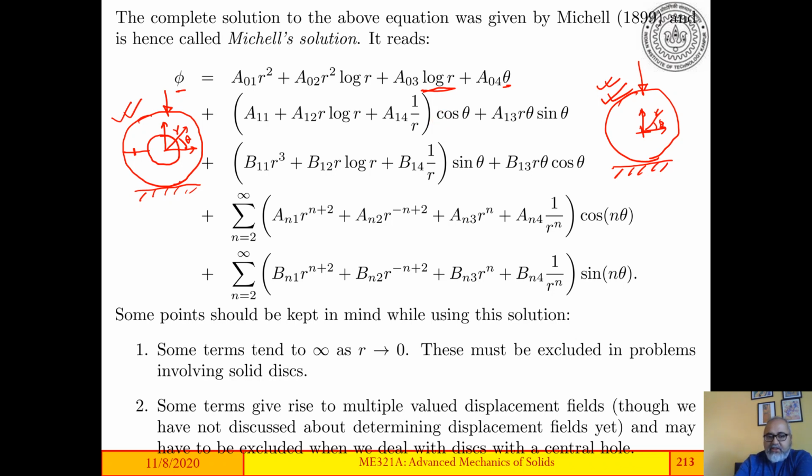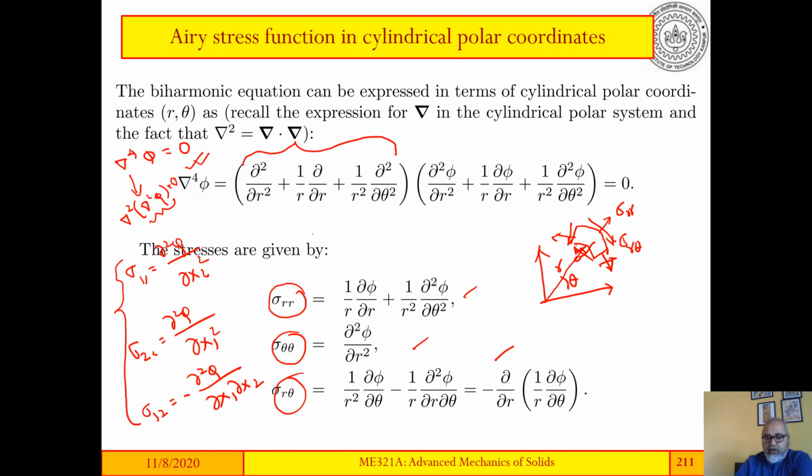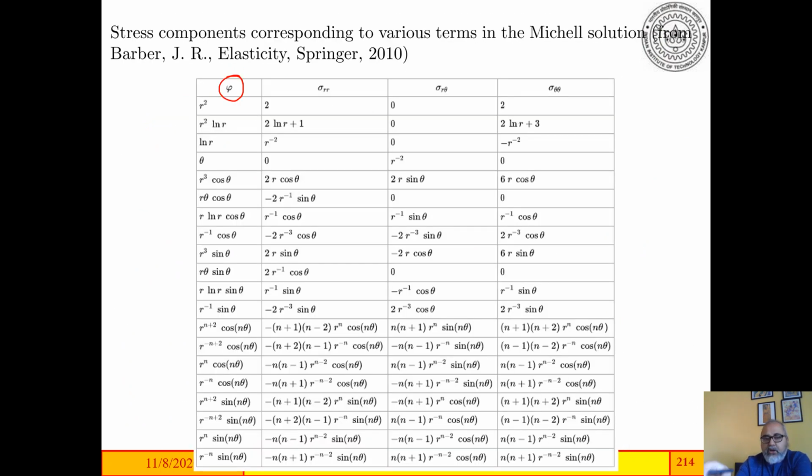Then when you take its derivatives and find the stresses from these equations, each of those terms will give rise to a term in the stress which contains r and theta, and those terms are listed in the next three columns. So sigma rr here, sigma r theta, and sigma theta theta here. So these are the terms that arise from the terms in the Airy stress function, which are given in the first column.